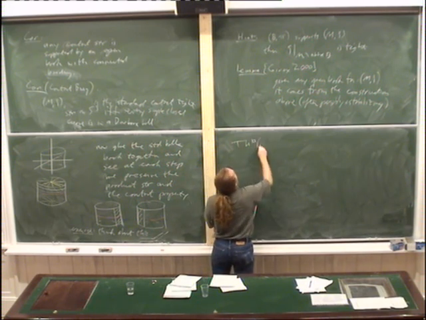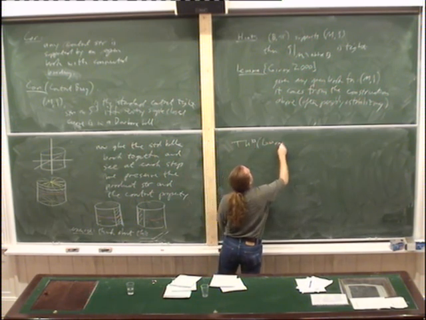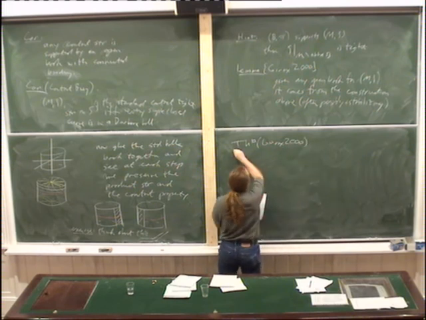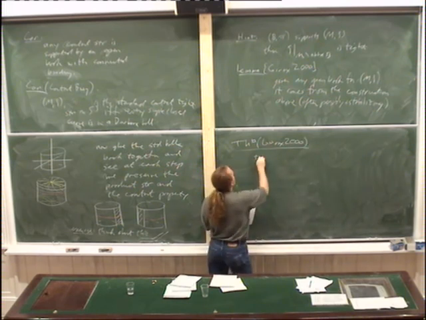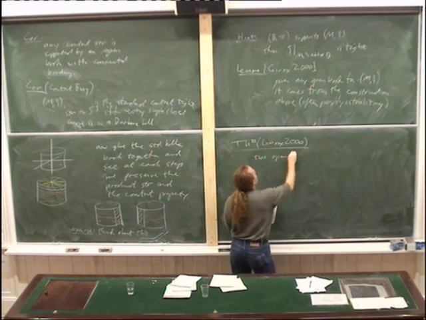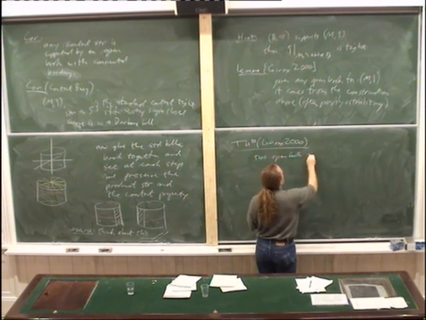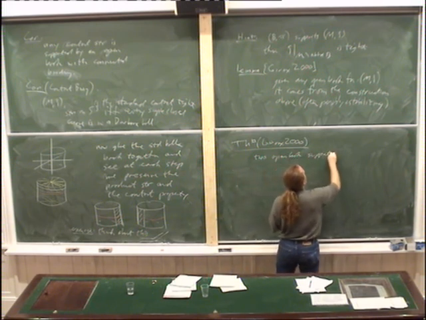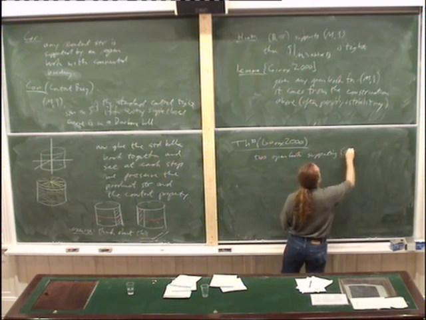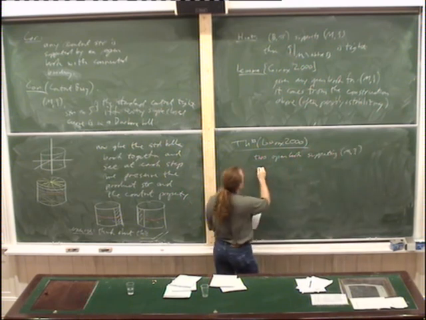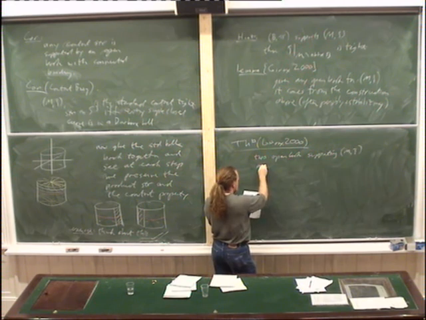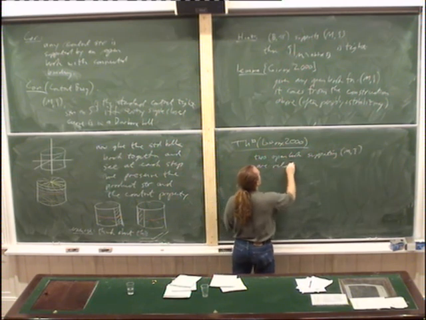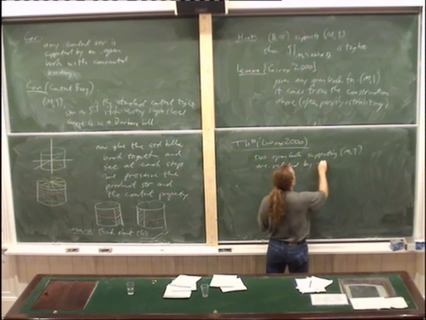So theorem, and again, Giroux, 2000: two open books supporting the same contact structure are related by positive stabilization.